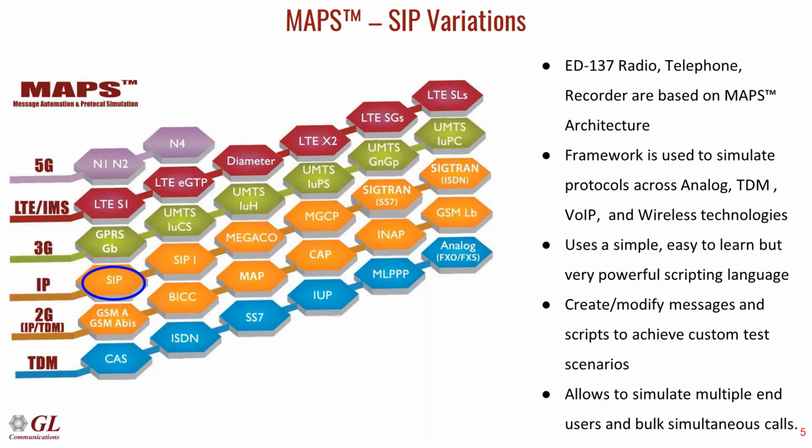This framework uses a very simple, easy, but at the same time very powerful scripting language, which can be learned very easily to create your own custom scenarios. It also allows multiple endpoints to be simulated, basically like end users, which can be used to generate bulk simultaneous calls.